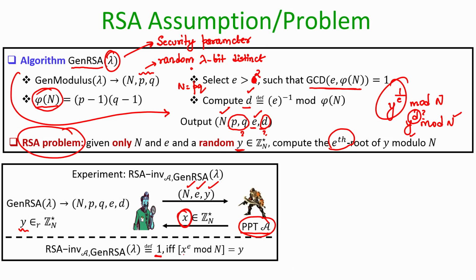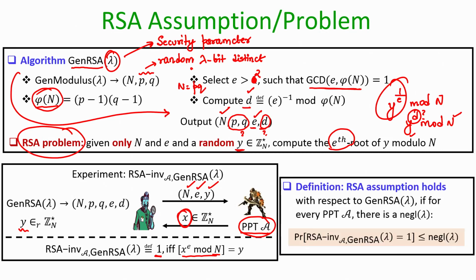That means, the x that he is submitting as a response for his challenge has the property that x to the power e modulo n is indeed equal to y. Otherwise, we will say that he has lost the game, or equivalently the output of the experiment is 0.